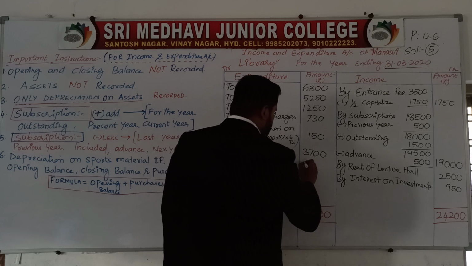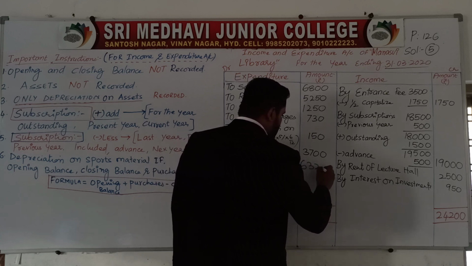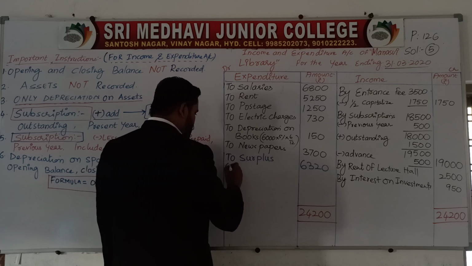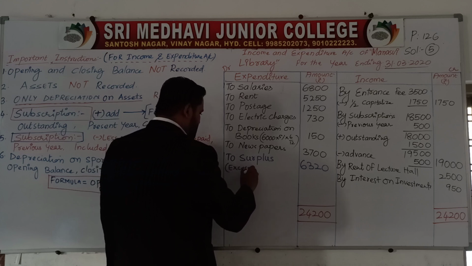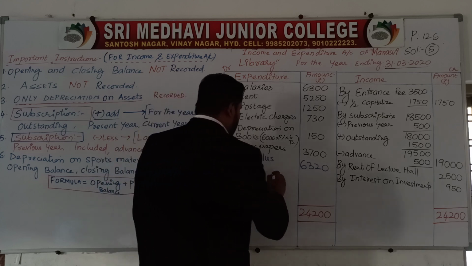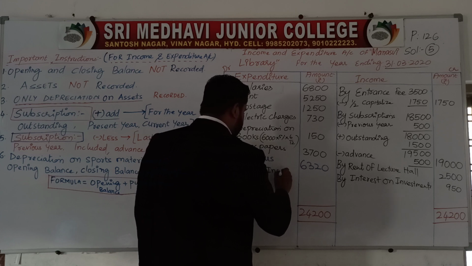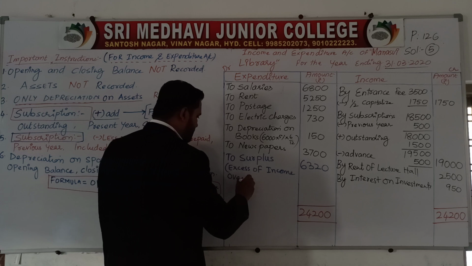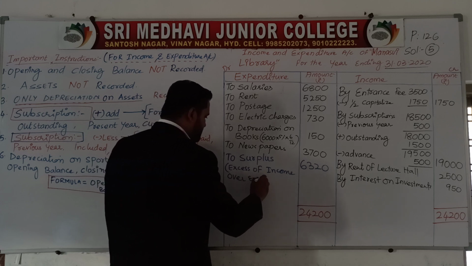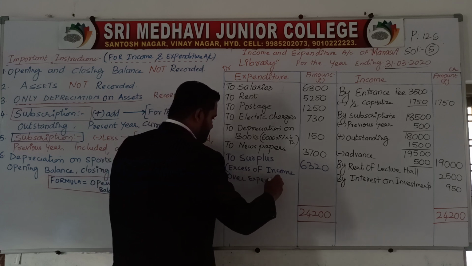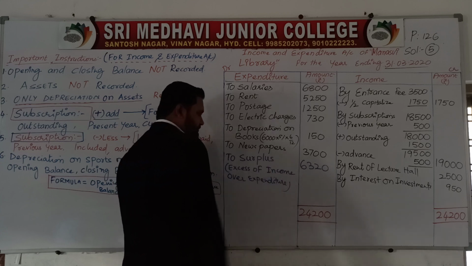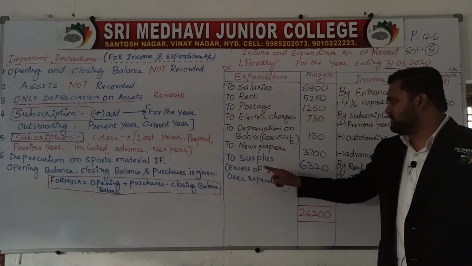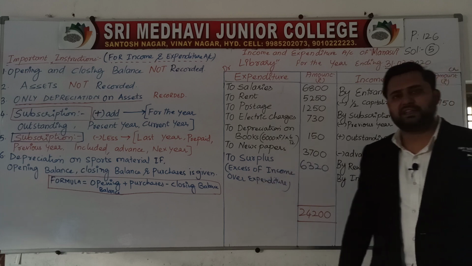To surplus 6,320, which is also known as excess of income over expenditure. Surplus is also known as excess of income over expenditure.